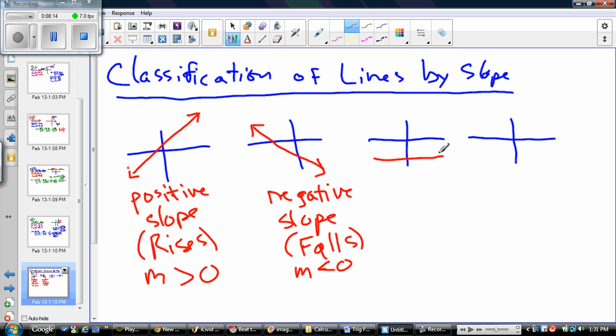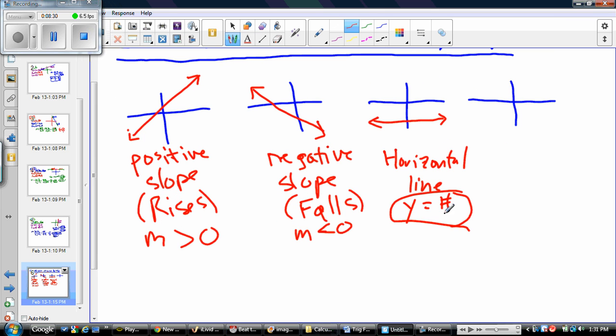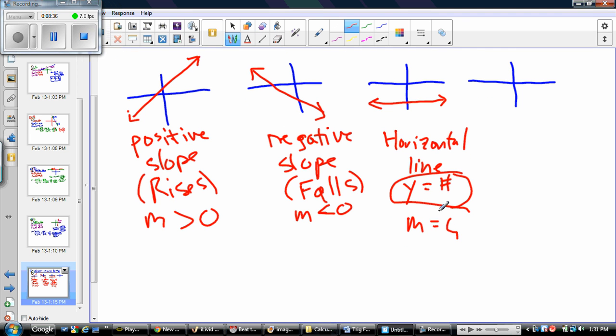Any line that goes exactly left and right is a horizontal line, which is always going to be equal to y equals some number. Sorry about that. And this is where the slope equals 0. Oops.